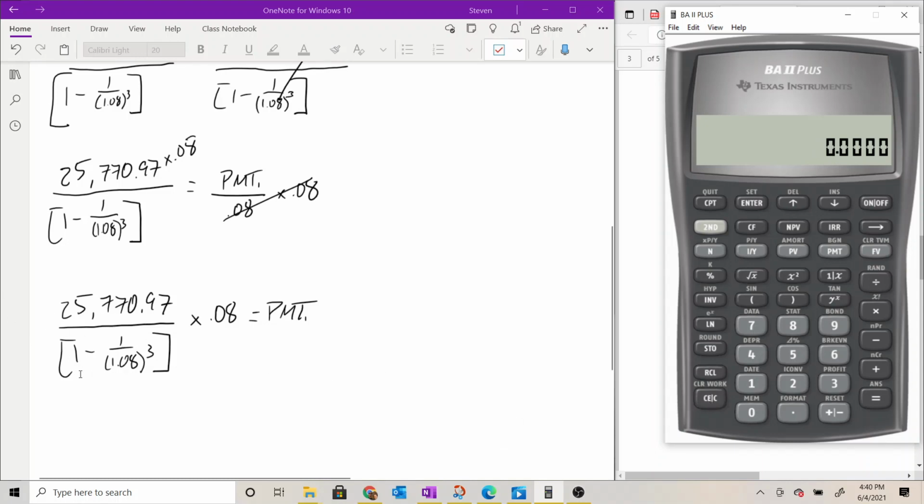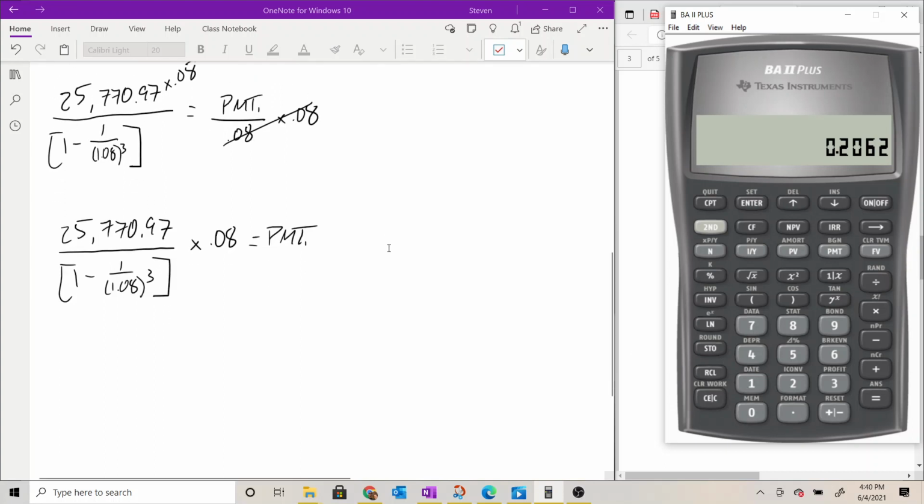I'm going to work this in chunks. I'm going to start by working what's in the brackets here and store that value. So 1 minus 1 divided by 1.08 raised to the 3 equals, and I'm going to store that on the 1 key.